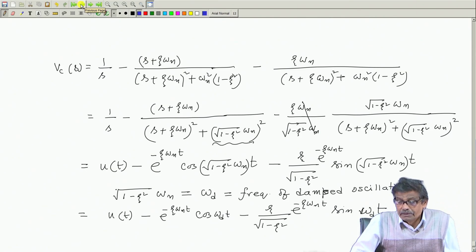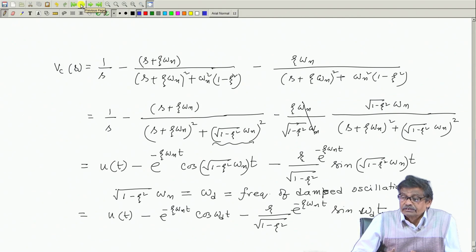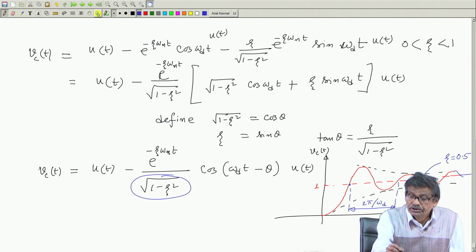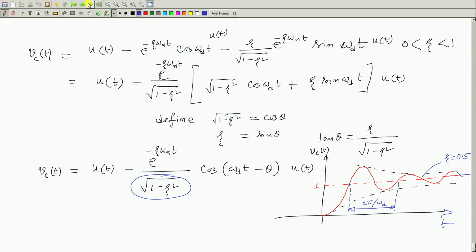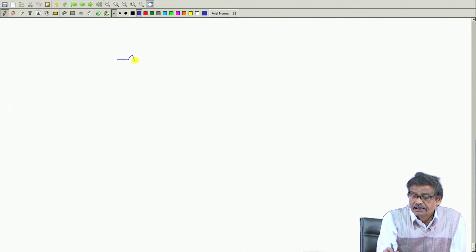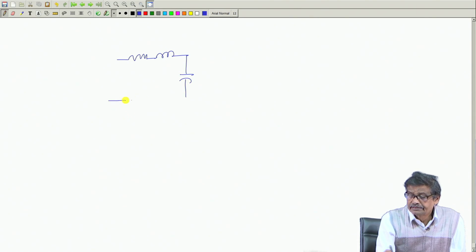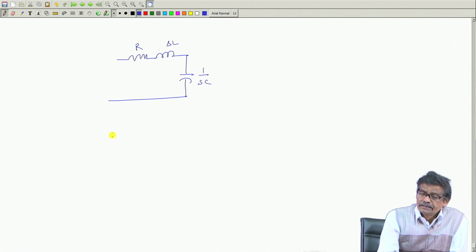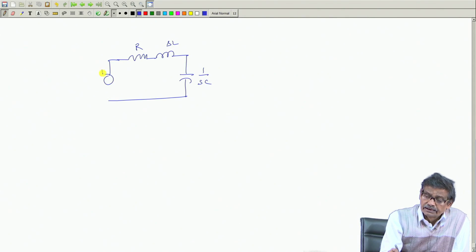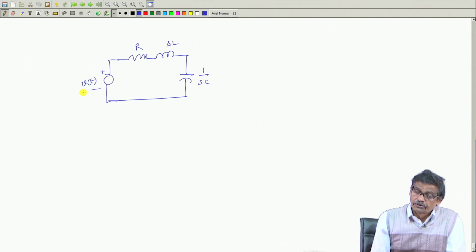It does not mean that if I take the same RLC circuit, I excite it with a sine wave, I will only just indicate this. You should not think that I should always excite it with a step, because an RLC circuit with SL and 1 over SC could be excited by any voltage you like. In your Laplace transform domain analysis, suppose it is Vt, Vt could be anything, sin omega t sort of thing.